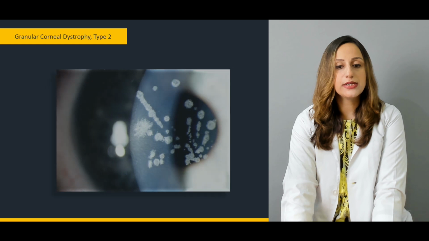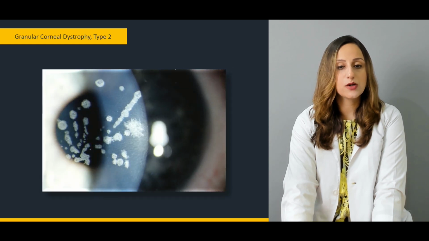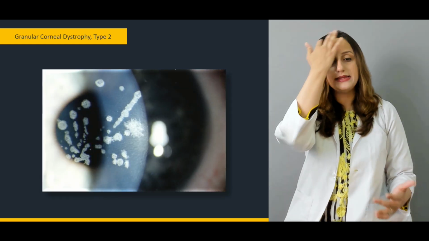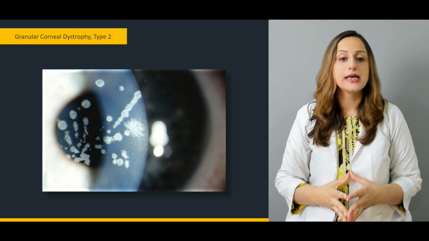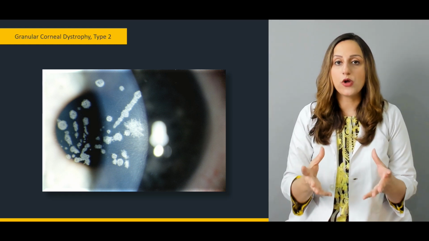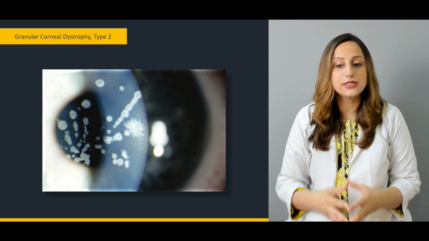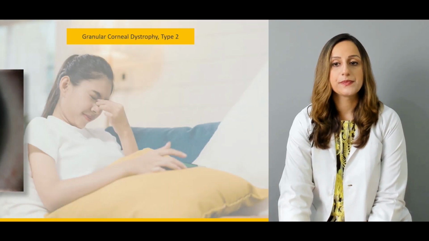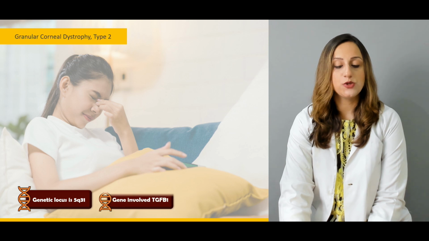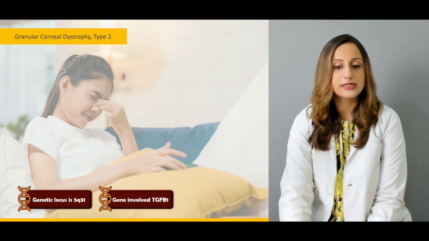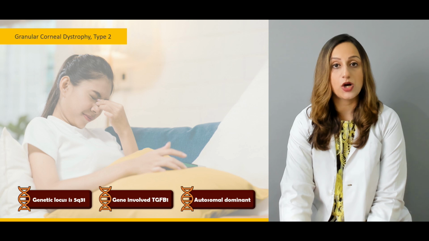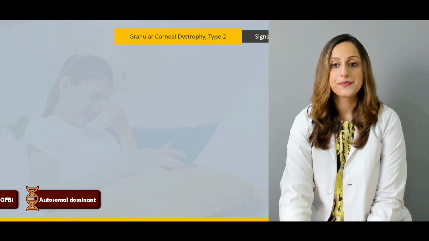The type 2 corneal dystrophies would appear quite peculiar. Again, there would be the appearance of granulations, and that can involve even the periphery or the axial forms of the cornea. The peculiar features would be a genetic locus 5q31 that is quite similar, TGFB1, autosomal dominant variety.